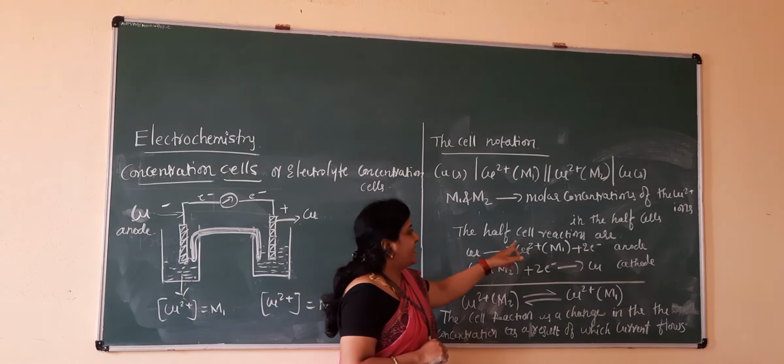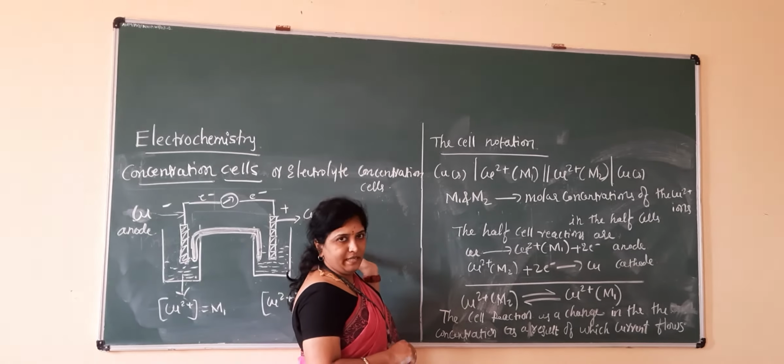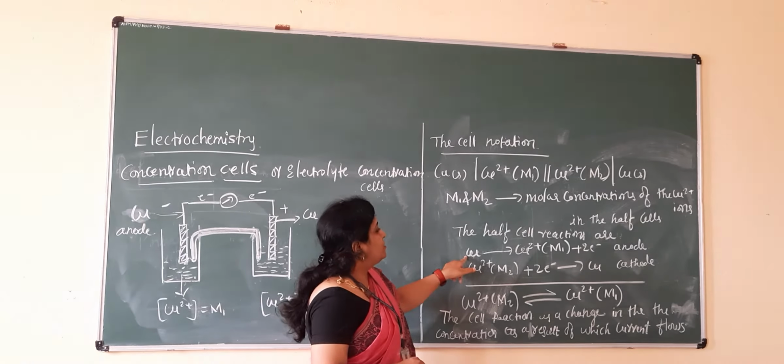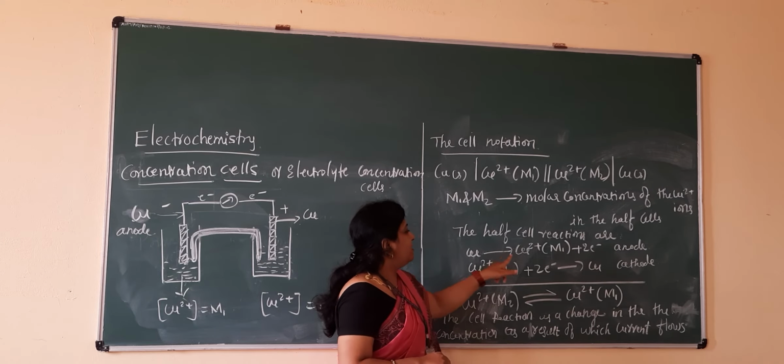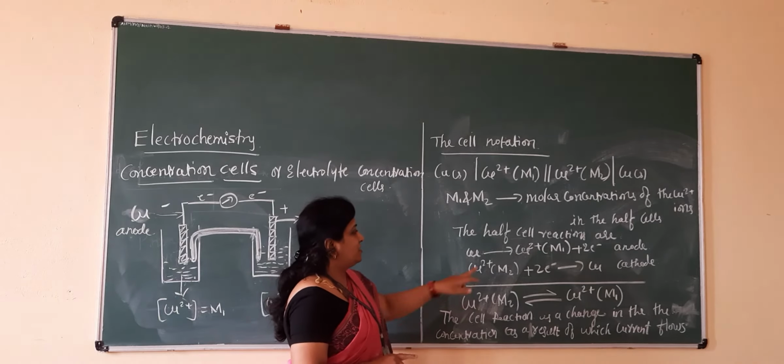The half cell reactions for this concentration cell can be written as Cu, that is copper, will give rise to Cu2+ ions by liberating 2 electrons. So that is the anodic reaction, as you can see here.